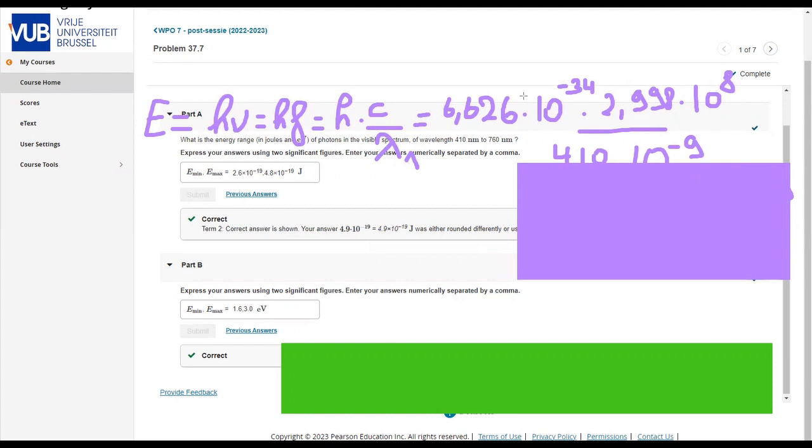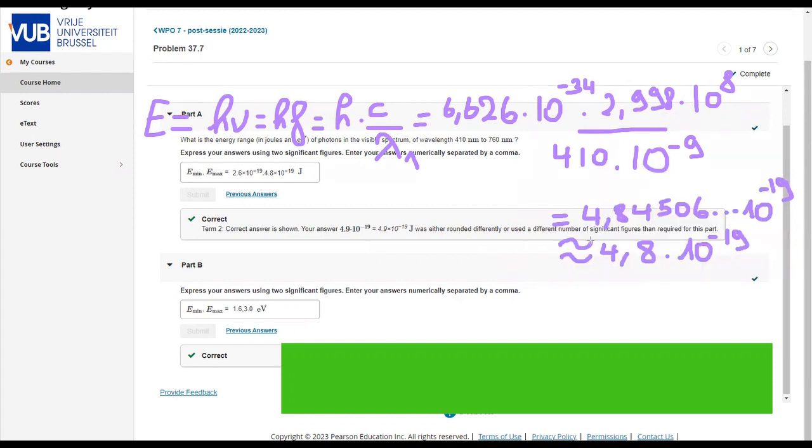Then you will have an answer like 4.8 and all the integers there, and the final answer will be this one. So you have to use this one. If you use 6.63, you will not have this answer, and you will maybe have this message as well.